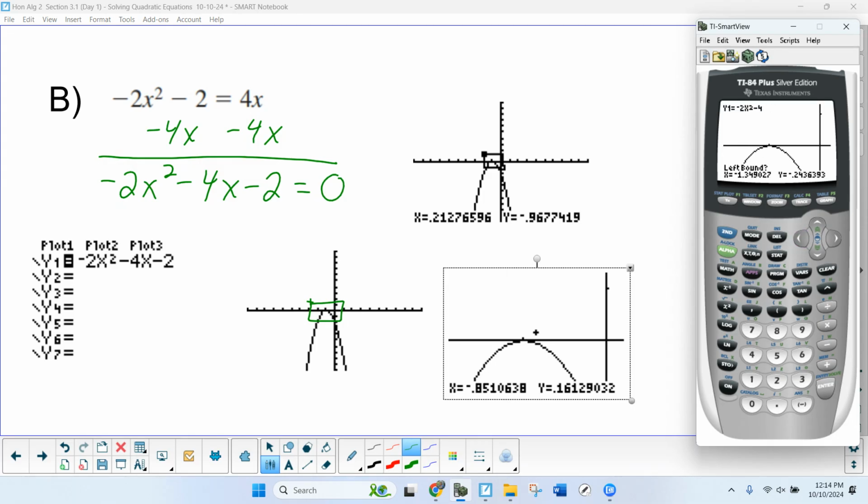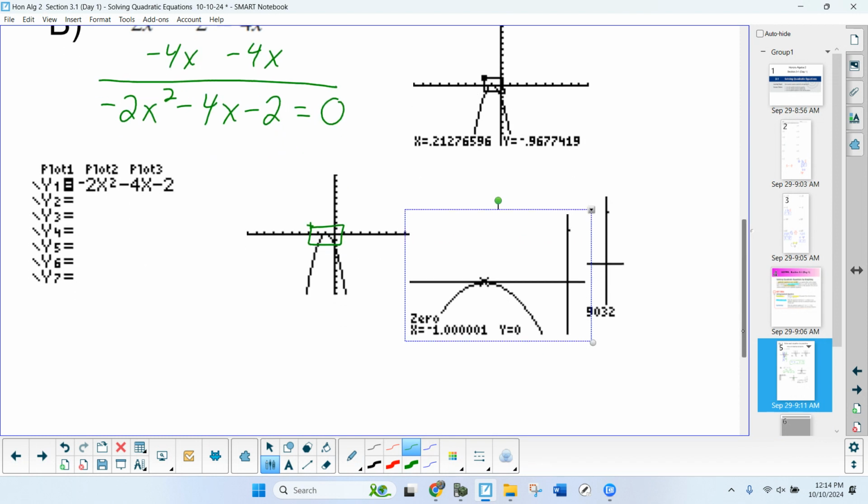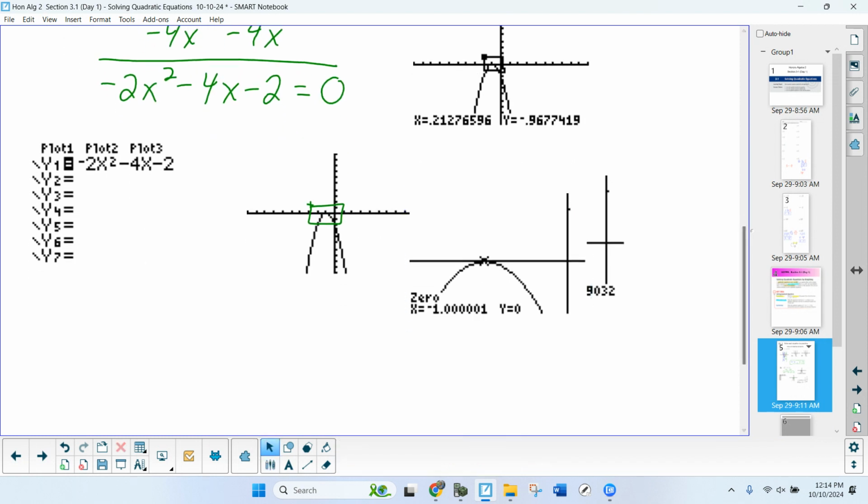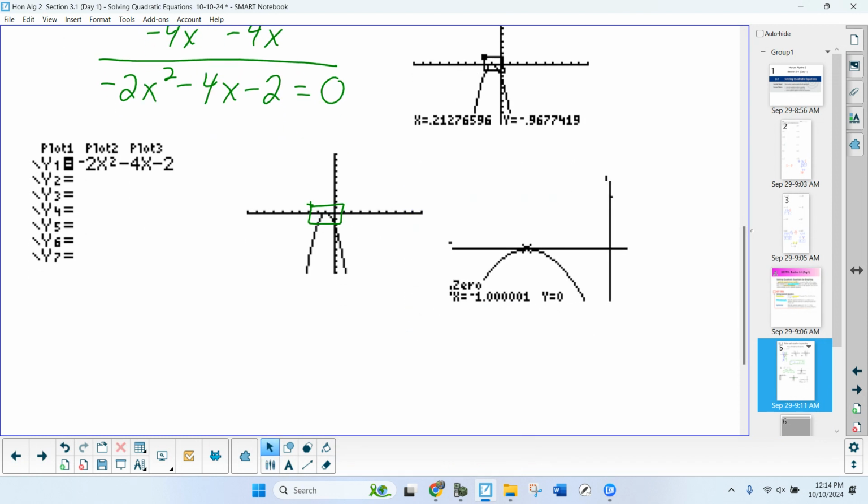Left bound. Oh, mine kept going. Enter. Right bound. Okay, enter. When you guys hit enter, what did you get as the solution? I'm glad this happened. We zoomed in so far. I got negative 1.00001.